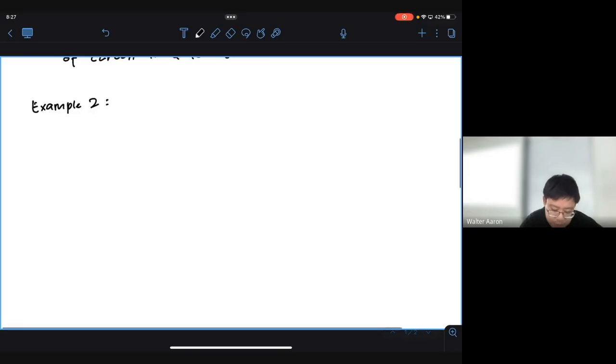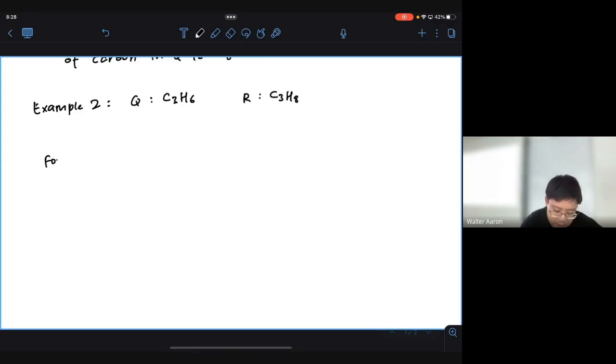So example 2 means you're using Q, which is C3H6, and R will be C3H8. So again, for Q, mass of carbon, okay.